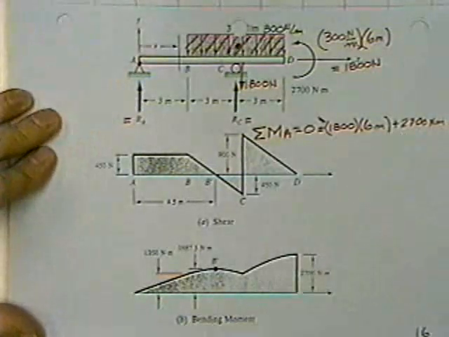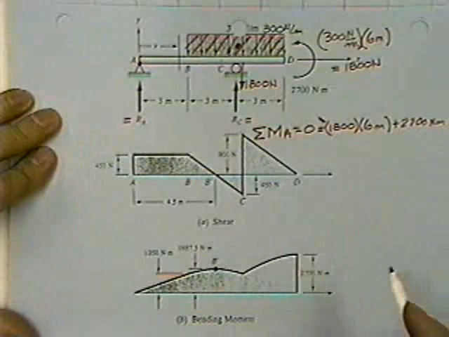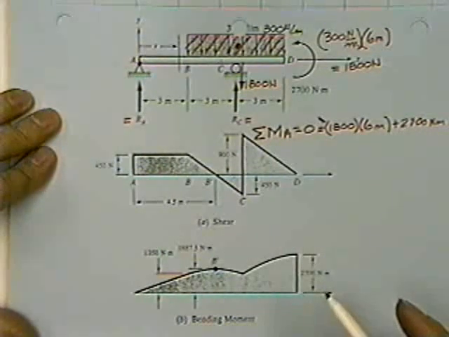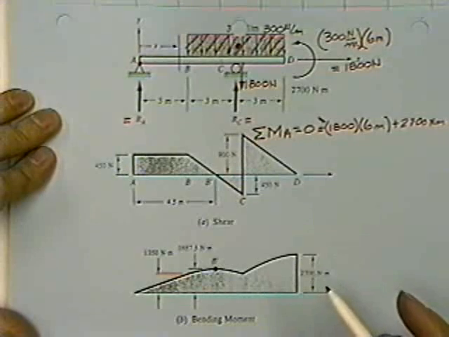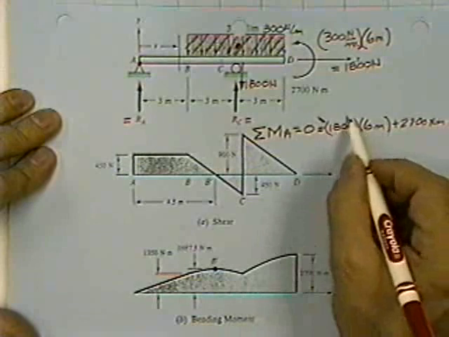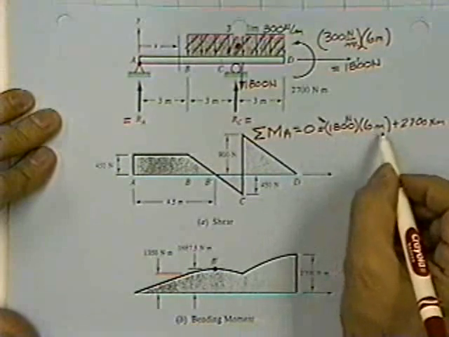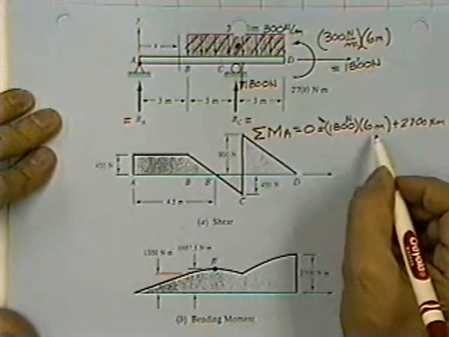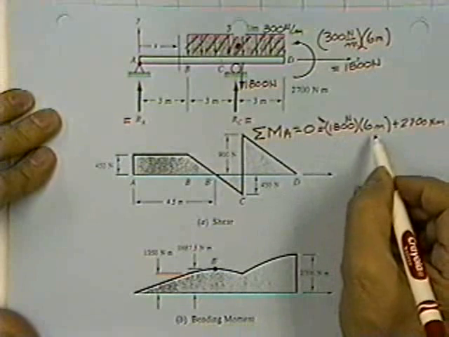One of the most common mistakes is to multiply the 2,700 newton meters times 9 meters. If you check your units, you'll see that can't be right. A moment is 1,800 newtons times 6 meters. That's a newton meter, the basic units of a moment.